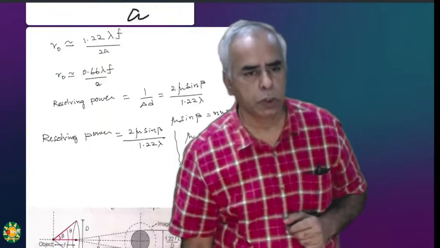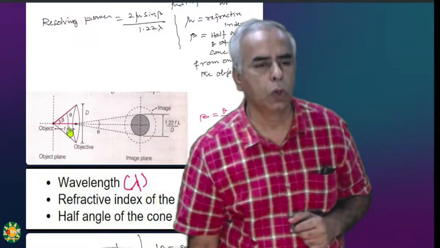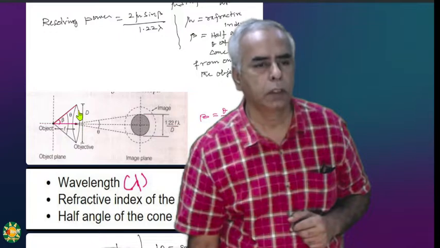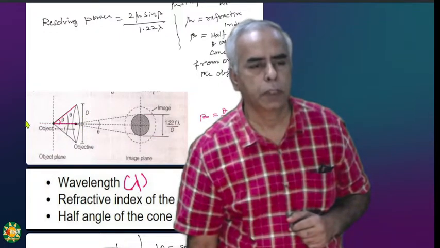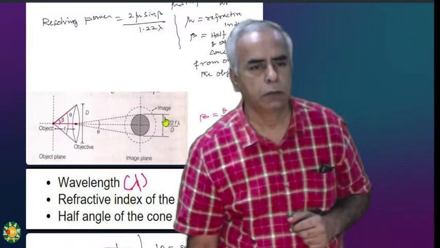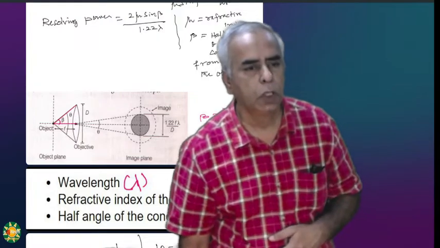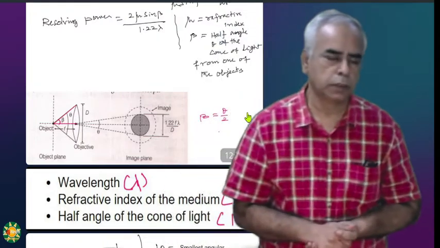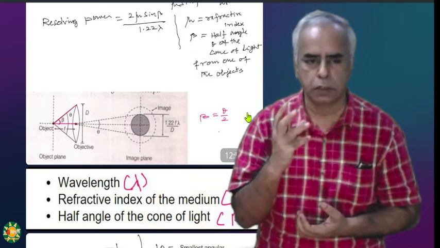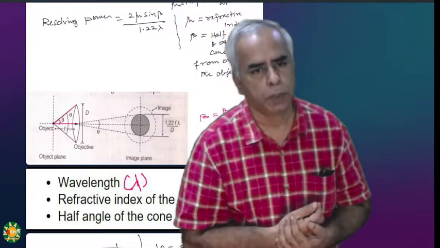When you look at this picture, you can find beta here, and this is the whole theta, and this is the half angle of the conical objective. I am viewing the object like this, and this is the image plane. Beta is nothing but half of theta, that is the half angle. Therefore the wavelength is an important factor that decides the resolving power.